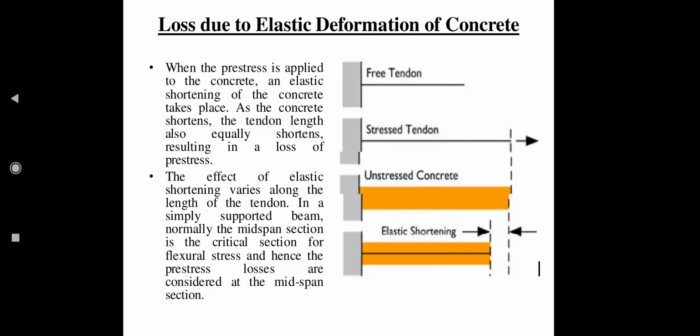So here the effect of elastic shortening varies with the length of tendons. If we consider a simply supported beam which is subjected to UDL, in this case normally the midspan section is considered as the critical section, where the stresses are maximum.